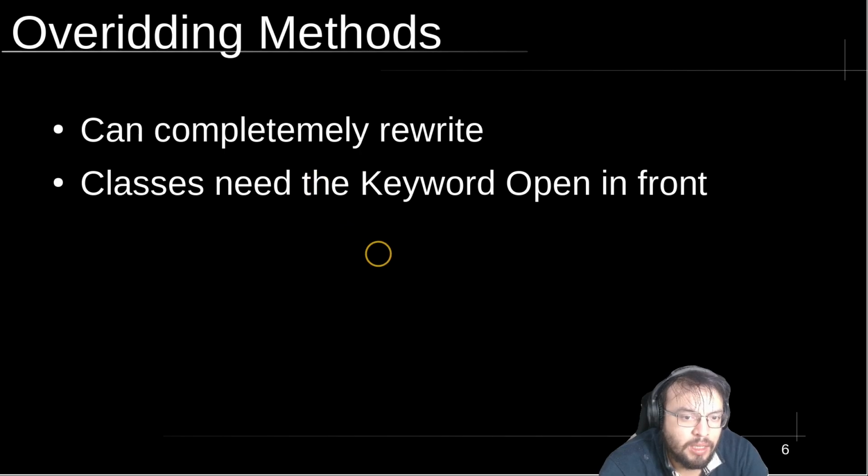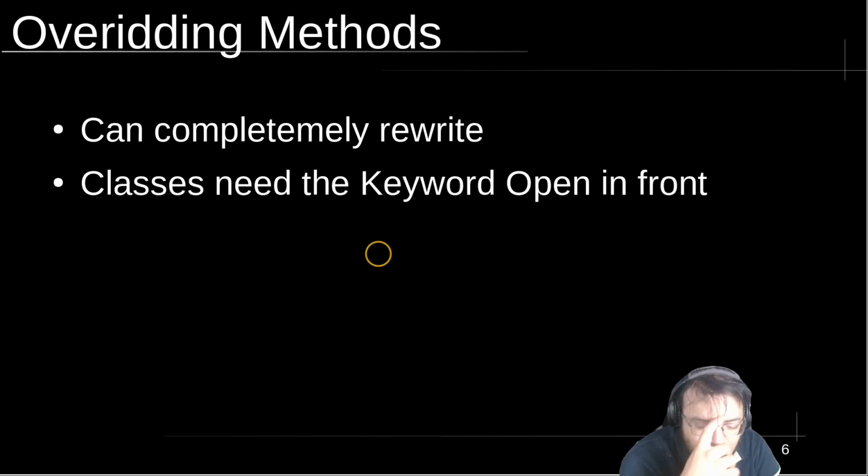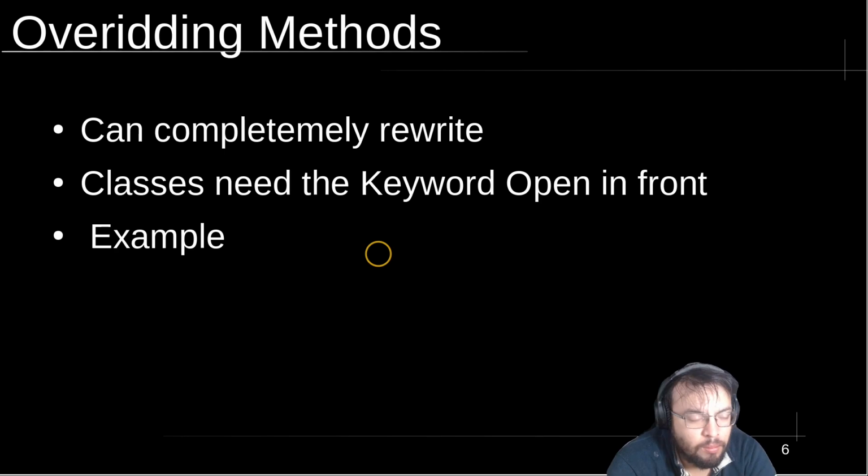To extend it is to have a child class based on that class. If you have a parent class with a bunch of methods, those methods and variables will be inherited down to the child class. If you don't specifically state the method in the child class, it'll just use the parent class method. So we'll go over an example.